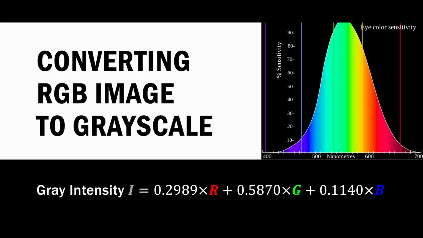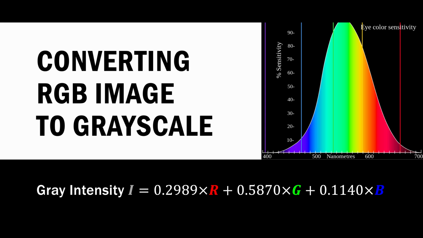Because of this biological property, when converting an RGB color image to grayscale, we cannot simply average the red, green, and blue channels equally. Doing so would create a grayscale image that does not align well with human perception. Instead, we apply different weights to each channel based on how sensitive our eyes are to that color.